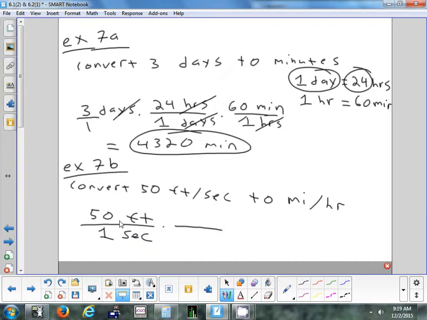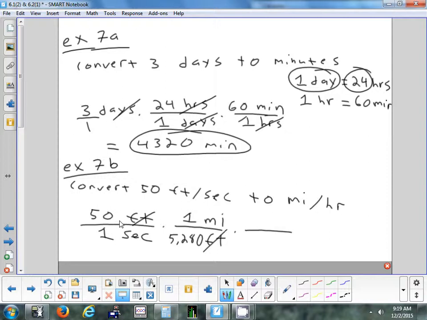Top or bottom? Bottom. I'm trying to cancel it out. Miles is going to be in the top. So in 1 mile, how many feet are there? 5,280. Okay, you need to know that. In 1 mile, 5,280 feet. Okay, now feet is gone. If we stopped right now, our speed would be in miles per second.